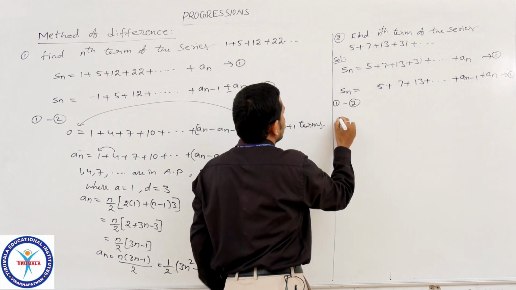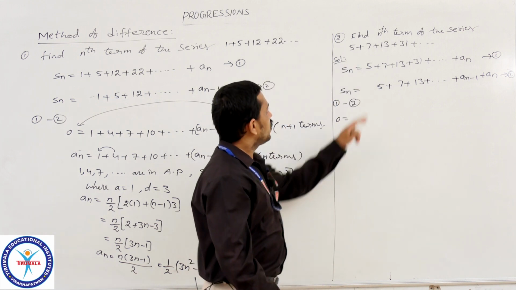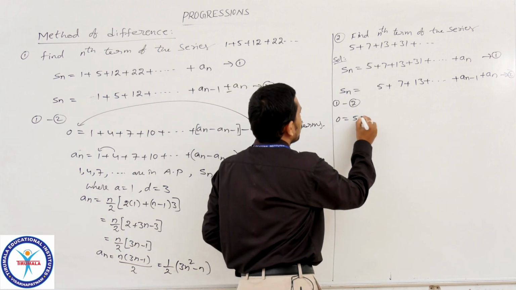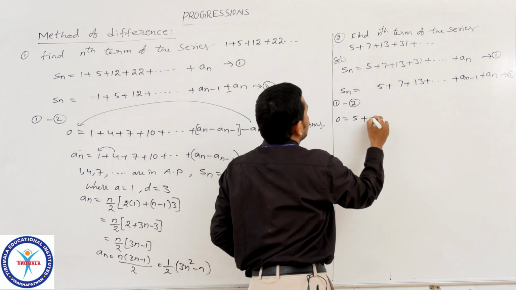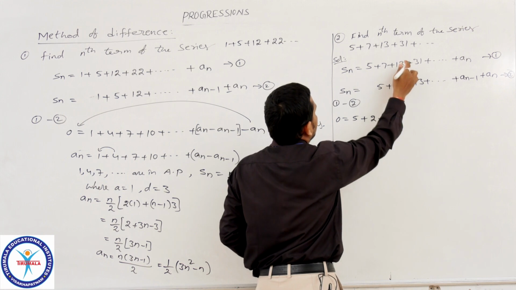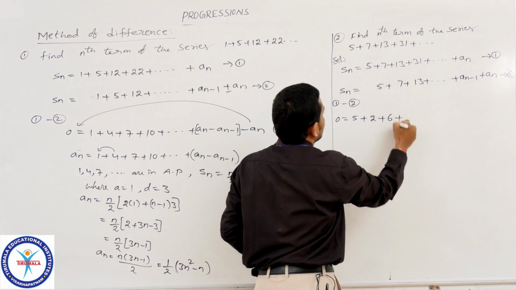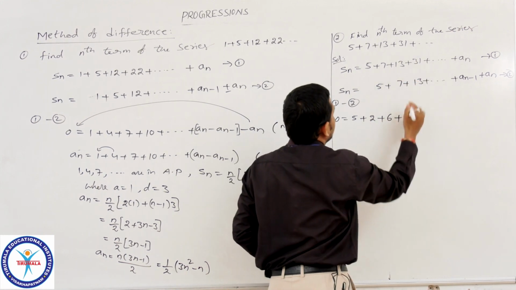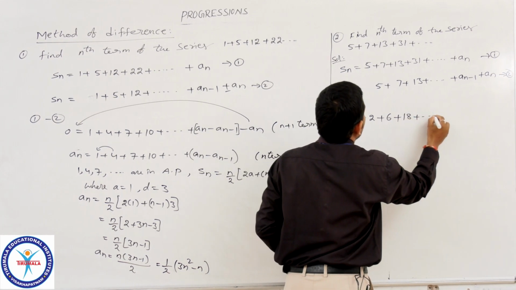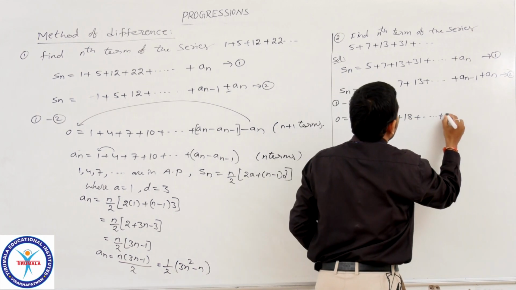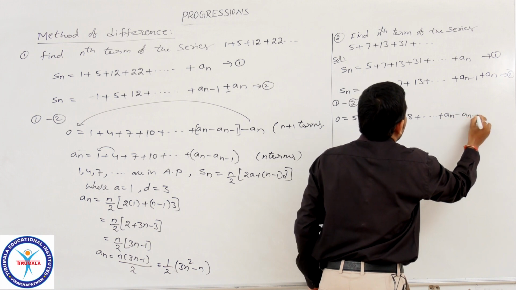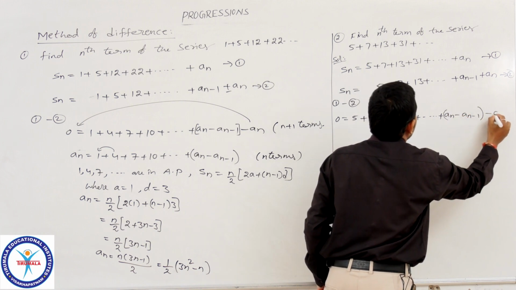Sn minus Sn is equal to 5 plus (7 minus 5) 2 plus (13 minus 7) 6 plus (31 minus 13) 18 plus and so on plus (An minus An minus 1) minus An.